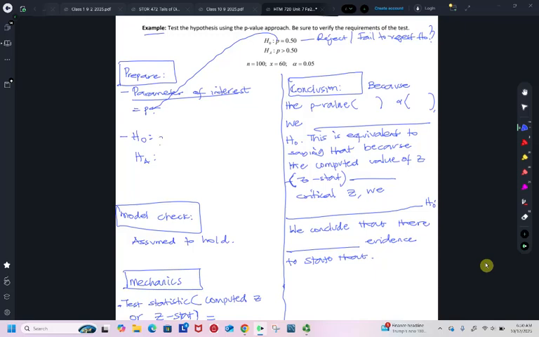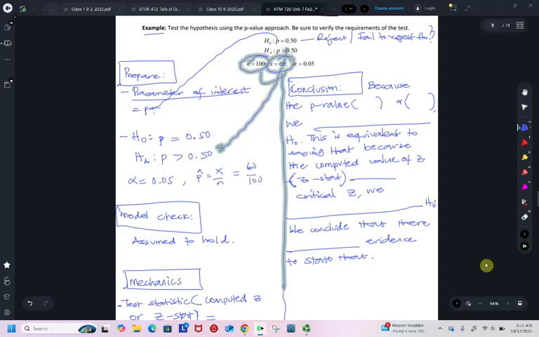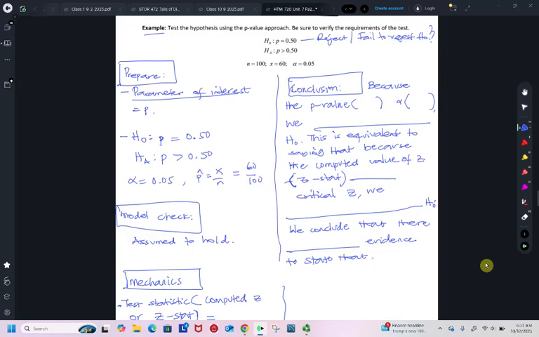The null hypothesis has been given as P equals the null value. And the alternative is that P is greater than what? This is a one-tailed test. We've been given our alpha to be 0.05, and our sample proportion will be x over n, or 60 divided by 100, which is same as 0.6.